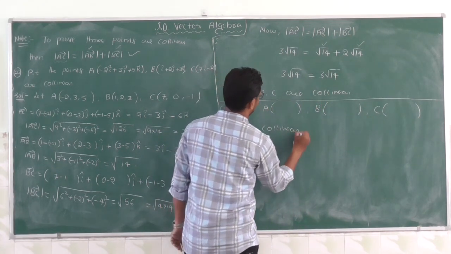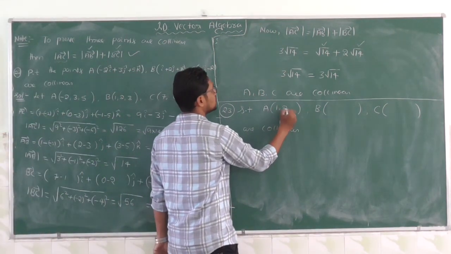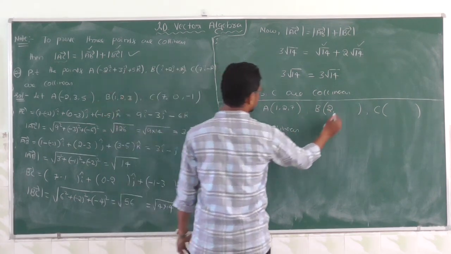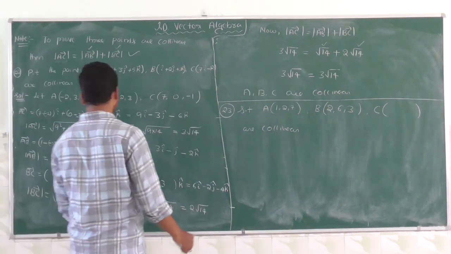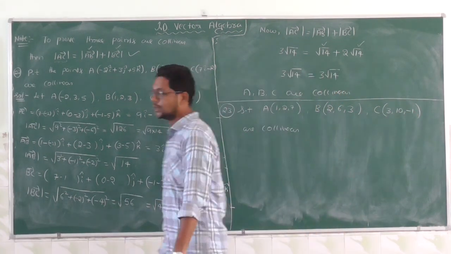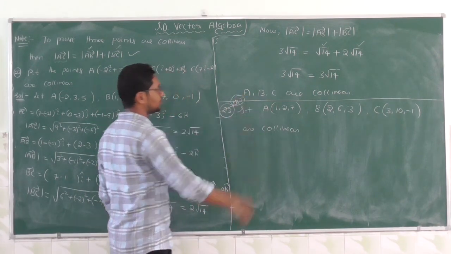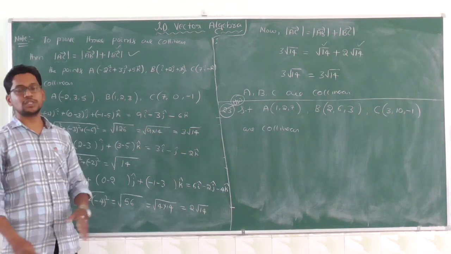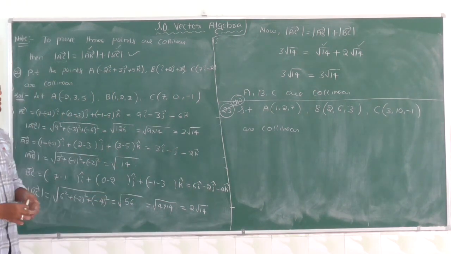The point A is (1, 2, 7), point B is (2, 6, 3), and point C is (3, 10, -1). It is a homework problem for you. You just do it at home. This problem is very similar to this one. Just the numbers are changing. Everything is the same. Can you note it down?